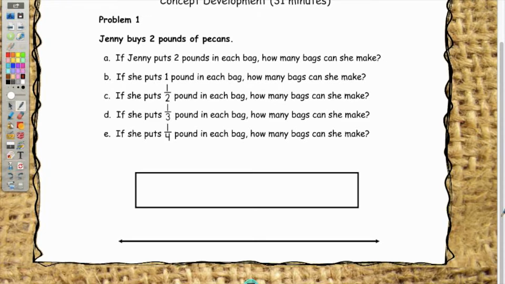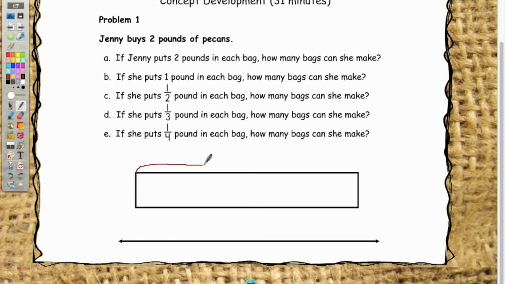So let's start by, if Jenny buys 2 pounds of pecans, okay? And she's going to separate them into bags. So that would mean you're going to divide, okay? The first bag that she decides to make is going to have 2 pounds in each bag. So how would I show that on a tape diagram? That's going to be kind of hard to show.